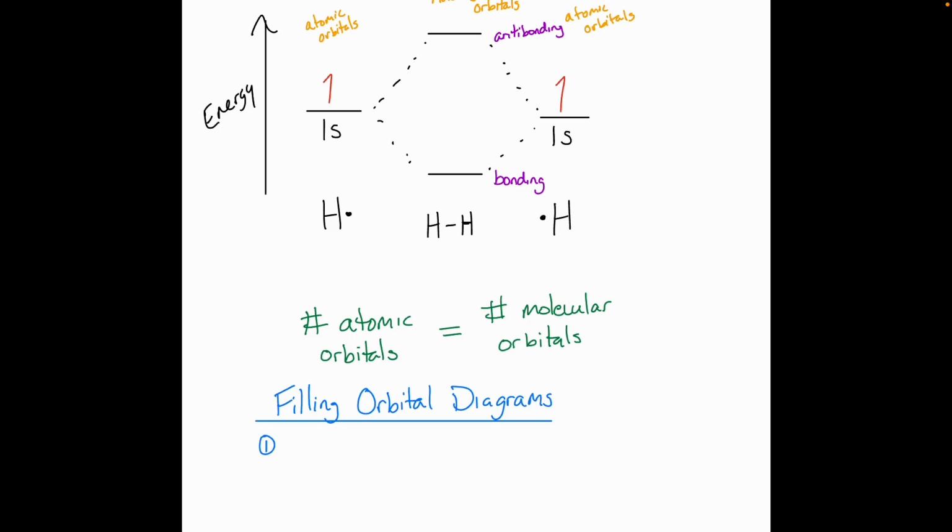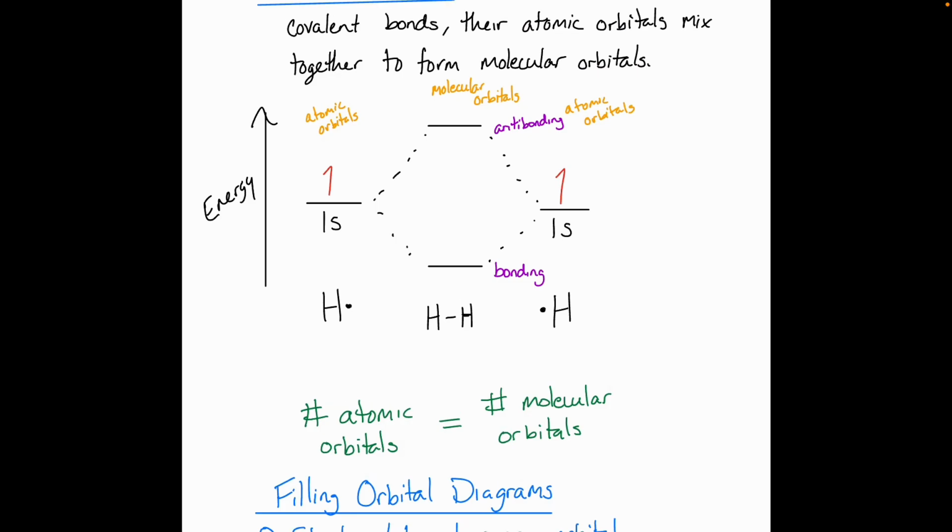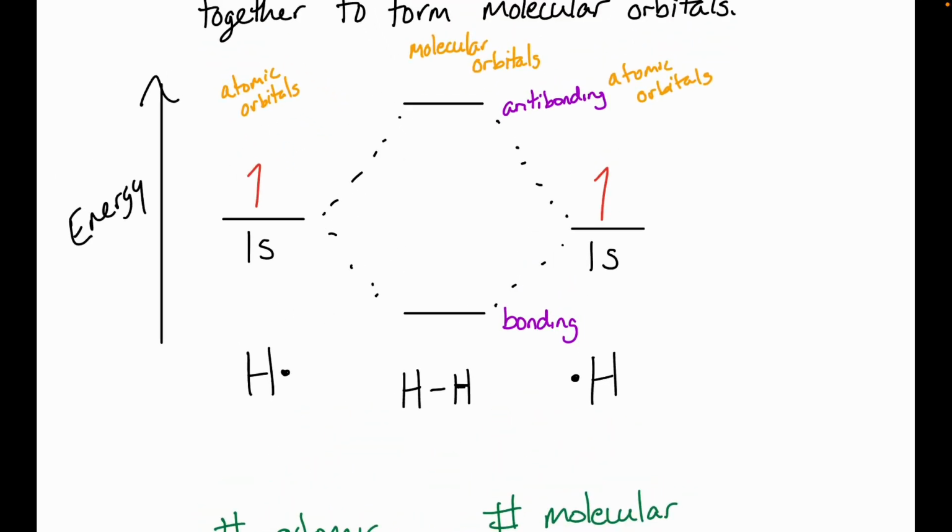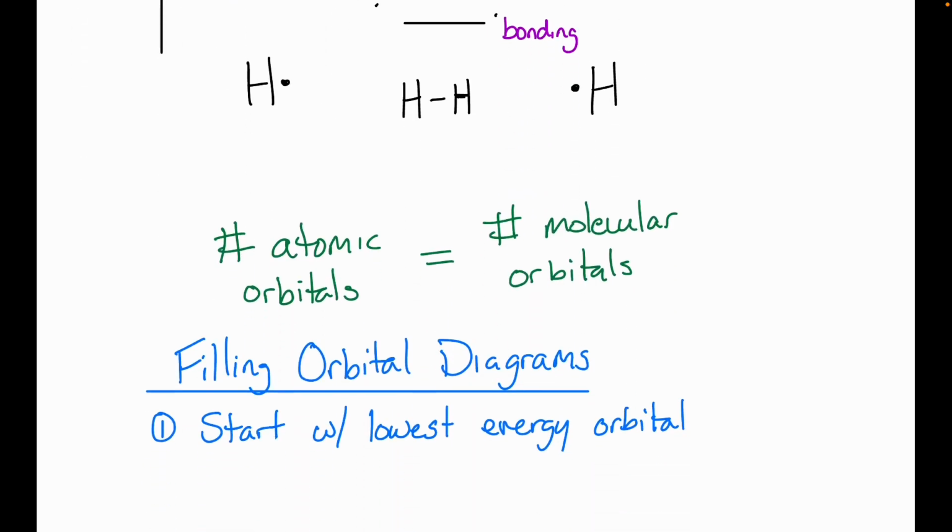Okay, first of all, you always start with the lowest energy orbital. So which one am I going to start with, my bonding orbital or my anti-bonding orbital? The bonding one, right? The lower energy one.